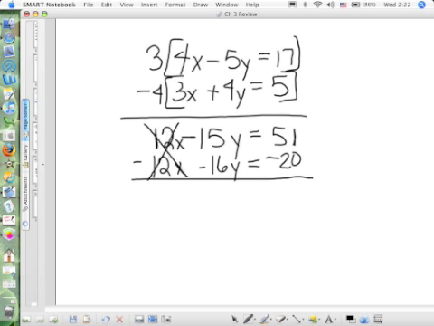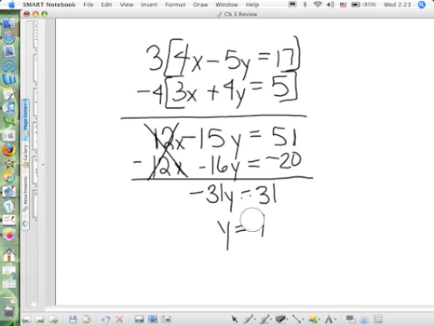All right, so my x is gone. I've got negative 31y is equal to positive 31. So y is equal to negative 1.